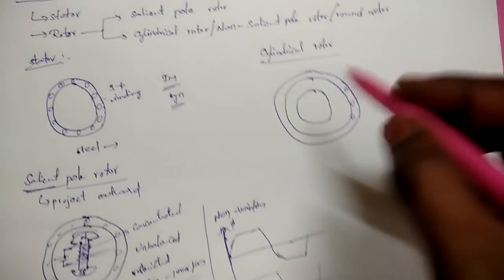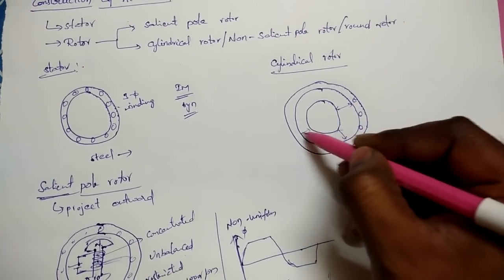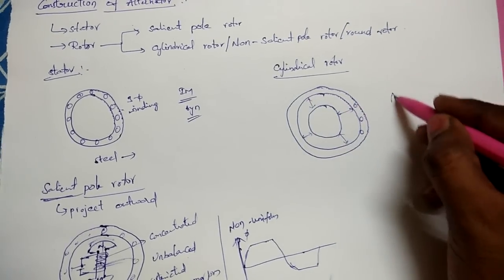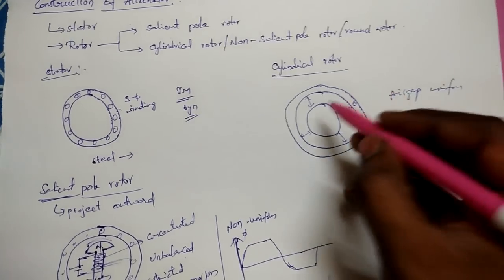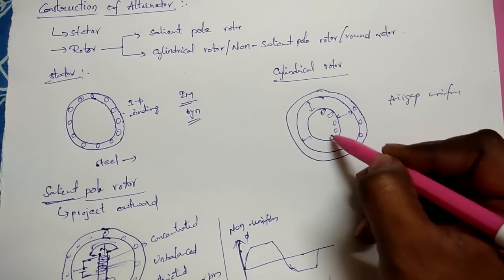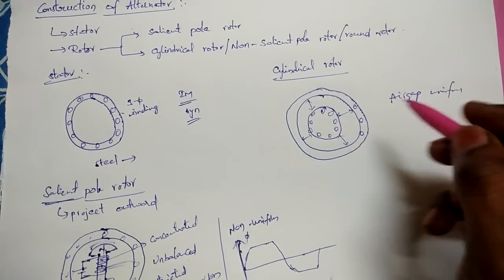Therefore some harmonics are present in this EMF. But in the cylindrical rotor, the air gap is uniform throughout the periphery. In the rotor there are slots, and in these slots the rotor winding is placed.